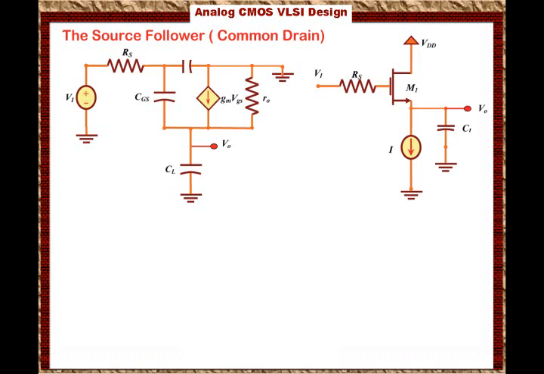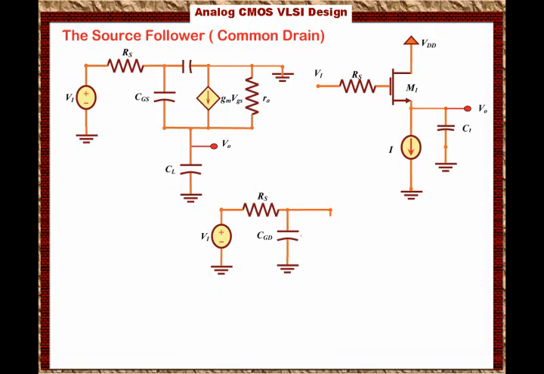Because the drain is grounded, we can redraw this small signal circuit a little bit differently, where it is easier to understand. The gate to drain capacitor is actually connected from the gate to ground, so you can reflect that capacitor to ground. So we will have VI connected in series with RS, and then we have CGD connected from the gate to ground.